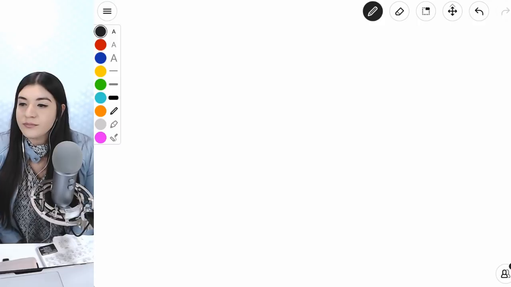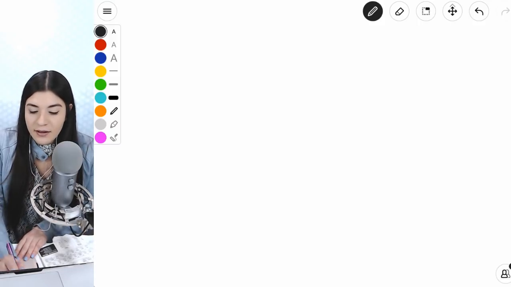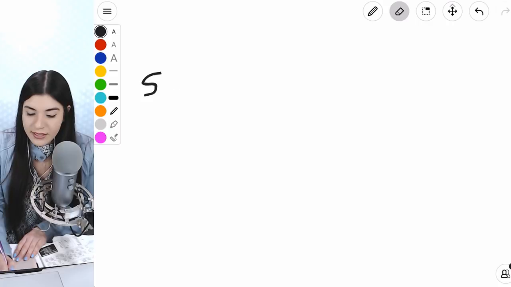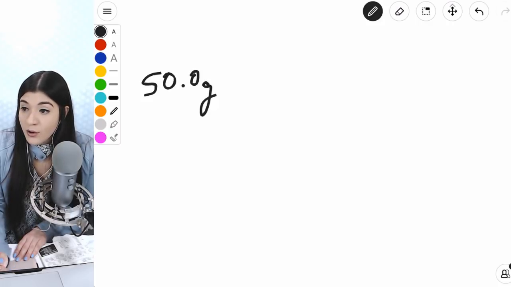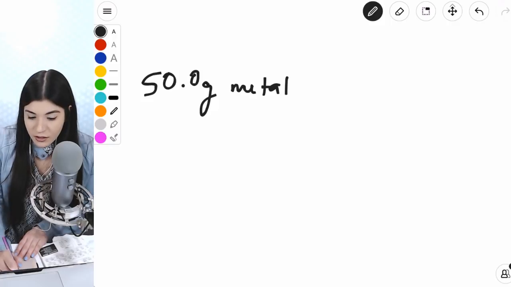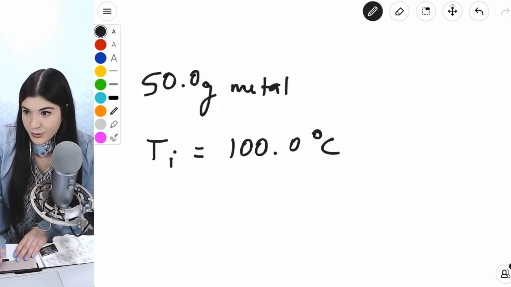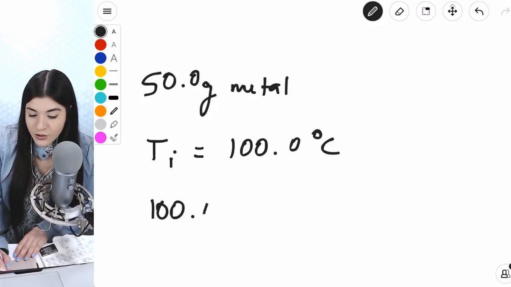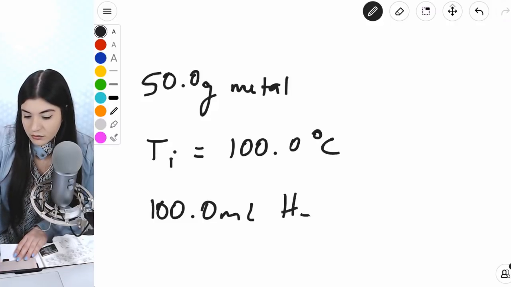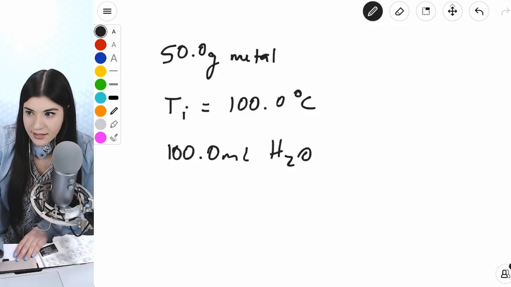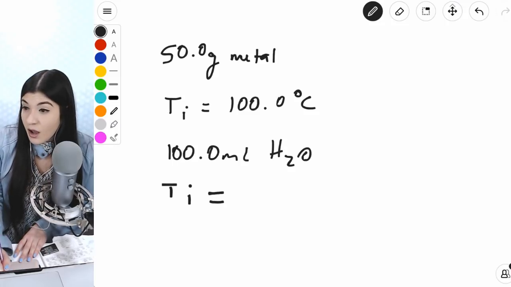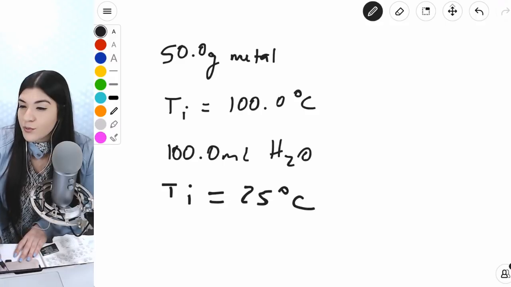John asks, if you drop a 50.0 gram piece of metal, we'll say this is our metal, with a temperature of, I'm assuming this is our initial temperature, 100 degrees Celsius, into 100 milliliters of water at an initial temperature of 25 degrees Celsius, or room temperature.